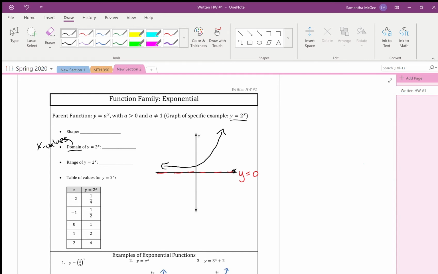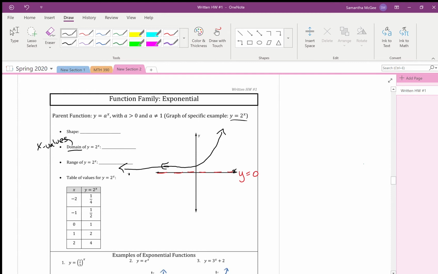If we look at the smallest number that we can plug in, we can notice that this graph goes forever in that direction. The reason that's important to the domain is that if you had negative 100 million, let's say that's all the way out here, well, we have an output, so we know we can plug that in.